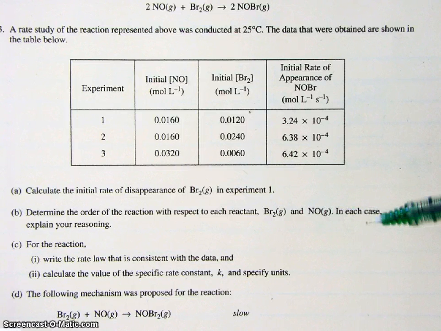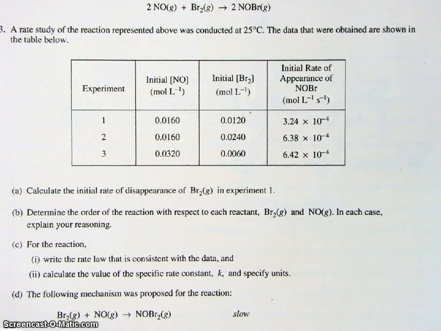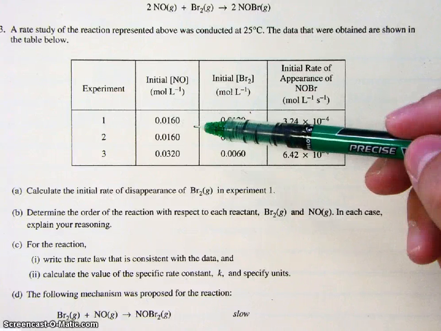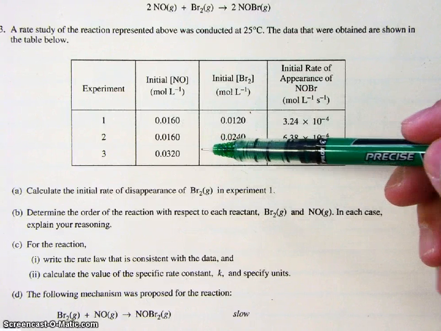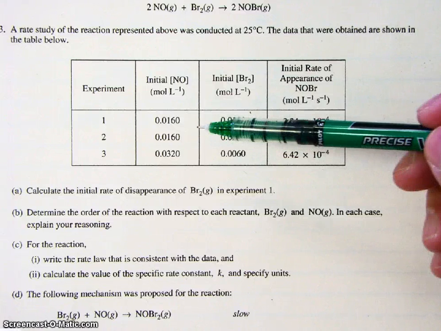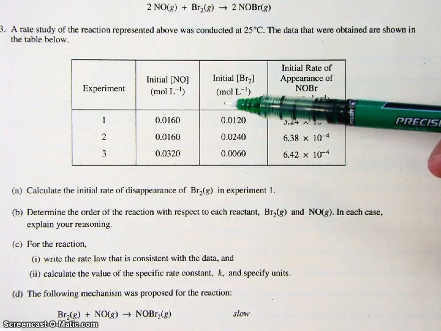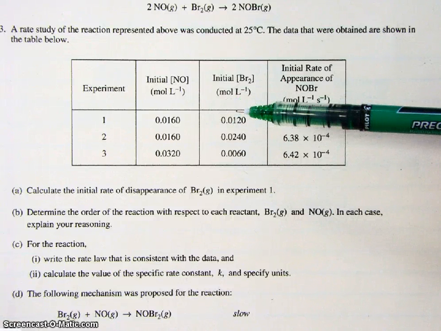So picking up where we left off, and hopefully you have a copy of the problem with you, we're going to start out by comparing the two trials. Now we have 3 trials total to look at. We're going to pick out 2 where one concentration stayed the same while the other concentration was changed.